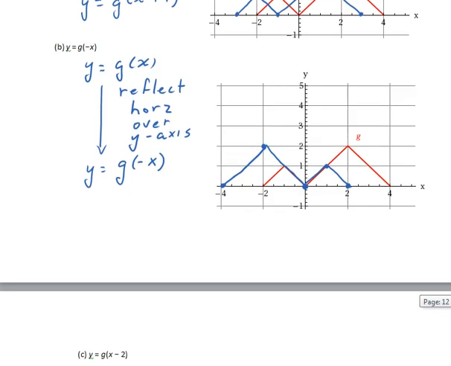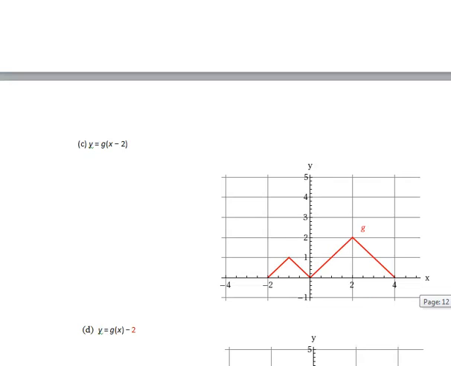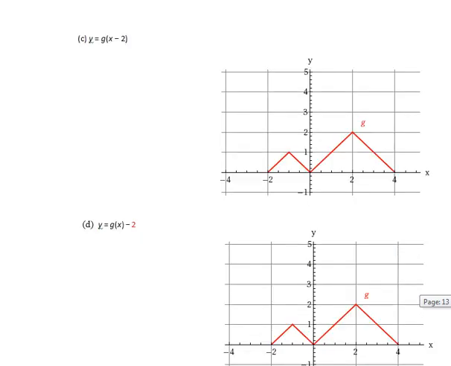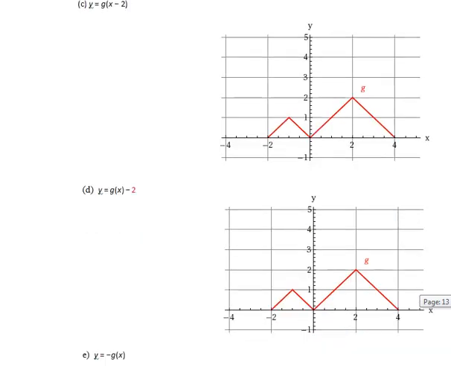Let's move to part C now, where we have y equals g of x minus 2. So starting with y equals g of x, for the third time, we're replacing the x, this time with x minus 2.